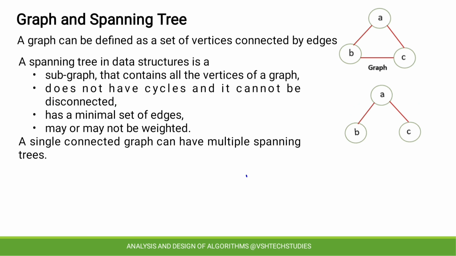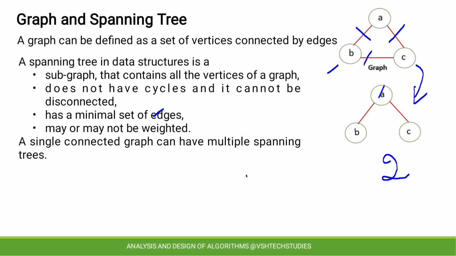Spanning tree has a minimal set of edges. This graph has 3 edges, 1, 2, 3. The subgraph which is a spanning tree has only 2 edges, not 3. Minimal edges. With only 2 edges, all the vertices can be connected here.